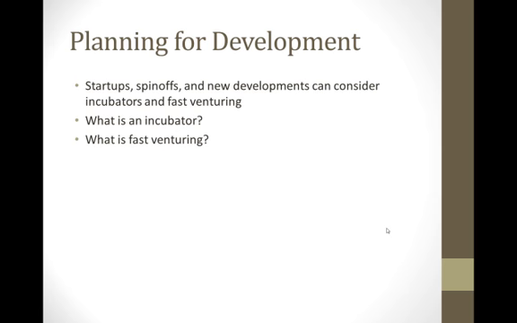All right, what is fast venturing? This is a term that even I'm not as familiar with, but the book does bring it up and talk about it a bit. But it's the concept of how do you create a business very quickly and putting together all these pieces. Now, generally, it takes outside support to get there.